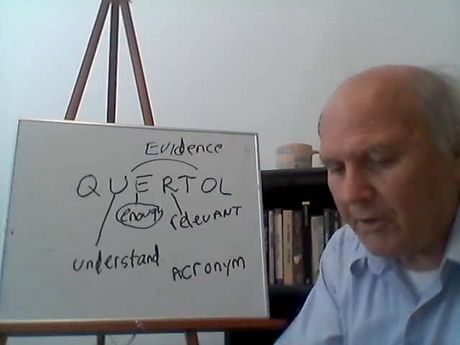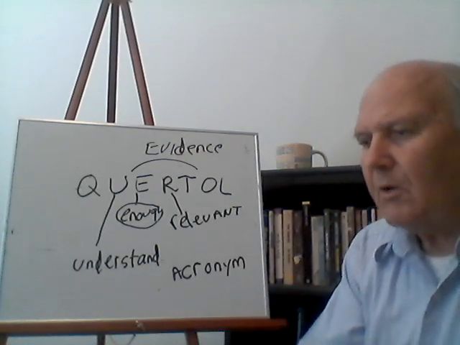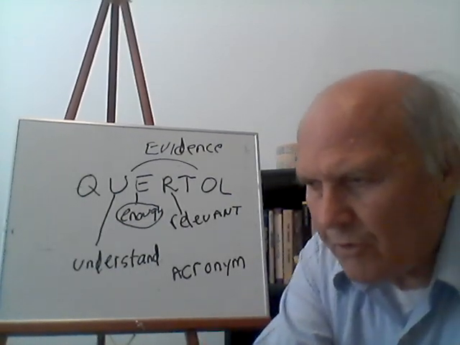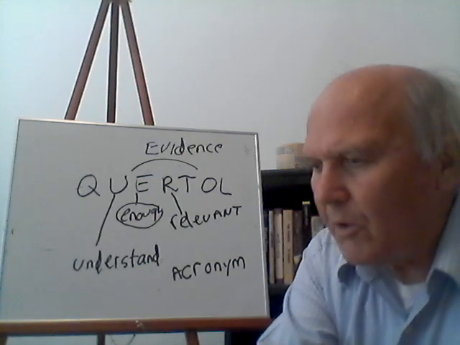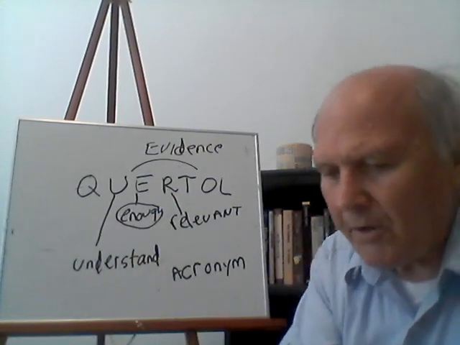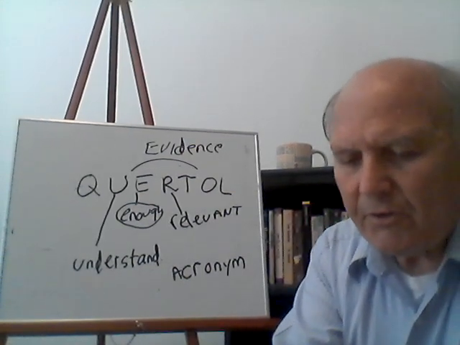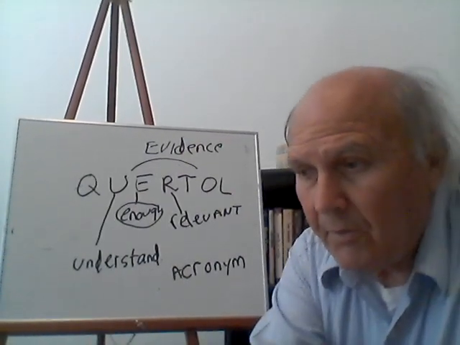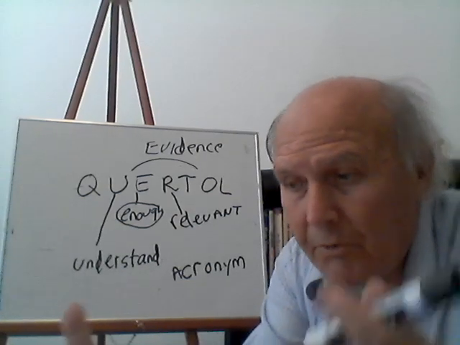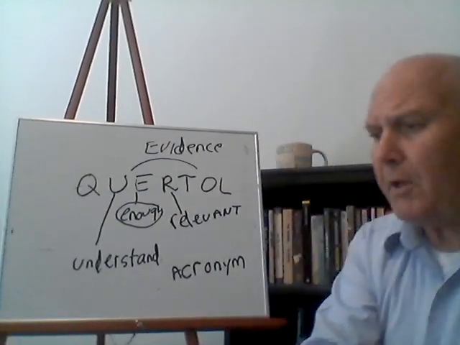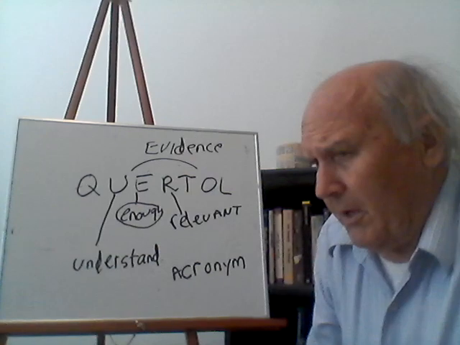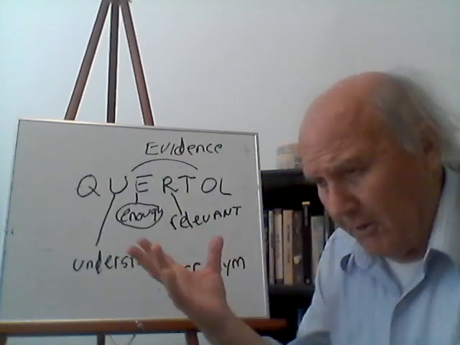For example, let's say you're arguing whether the death penalty is constitutional, and you're trying to argue that it's constitutional, and one of the pieces of evidence that you present is that it lowers the crime rate. Well, that's evidence, but it's irrelevant. It has nothing to do with what you're trying to prove.